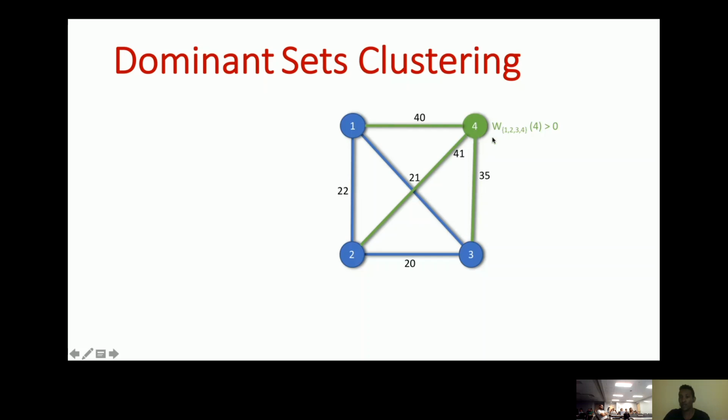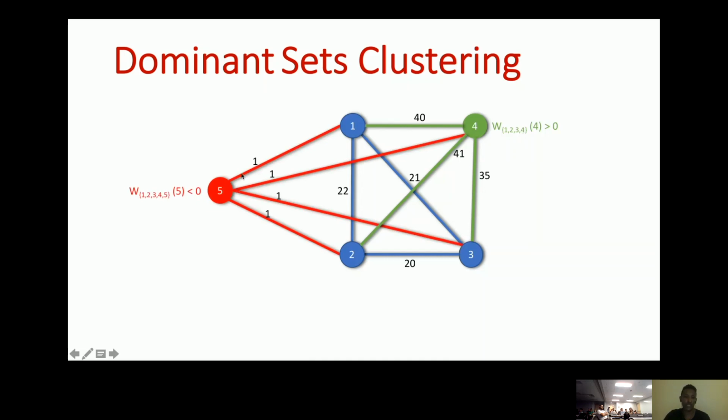So if we compute the relative weight of node 4 with respect to set 1, 2, 3, 4, since it's highly similar with all the existing nodes, we expect a positive weight. On the other hand, if we add a new node, node 5, to the existing nodes 1, 2, 3, 4, which is less similar to all the existing nodes, it's going to destroy the overall similarity of set 1, 2, 3, 4, 5.